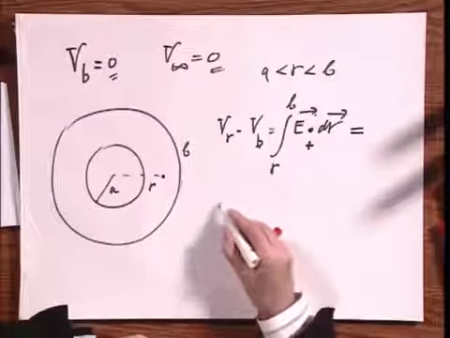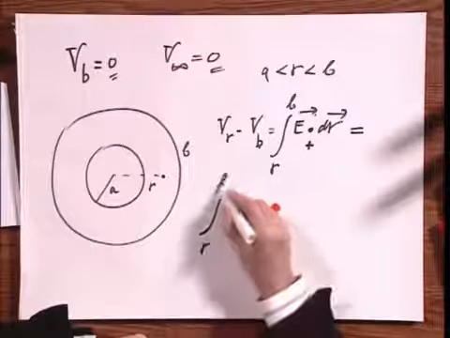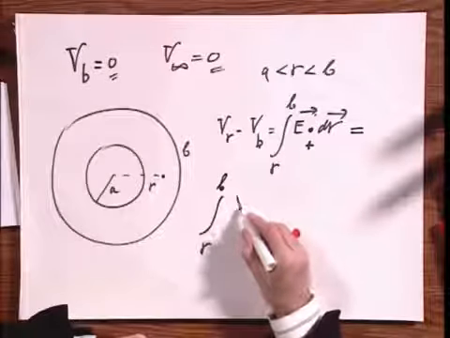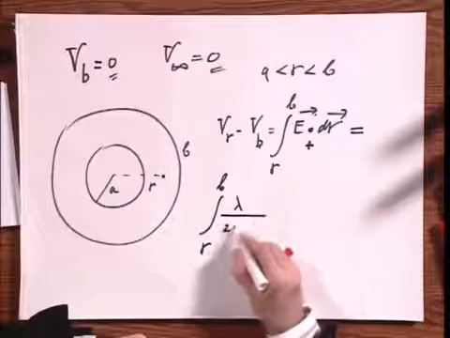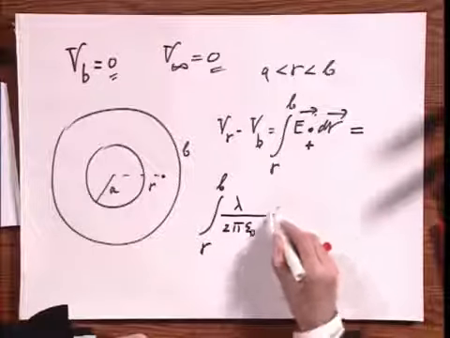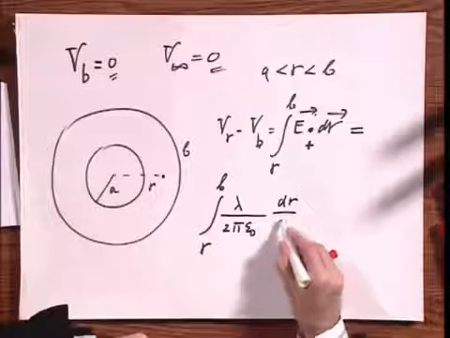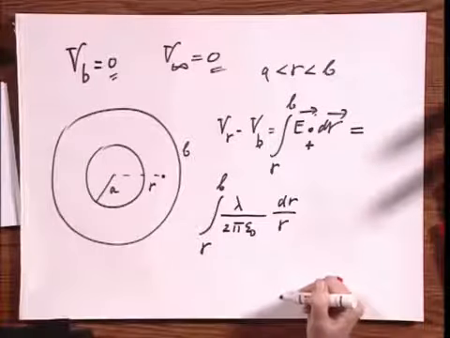And so that becomes the integral going from r to b of lambda divided by 2 pi epsilon 0 times dr over r, as we just calculated.